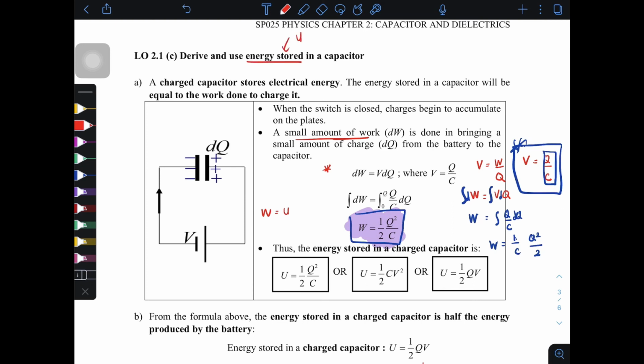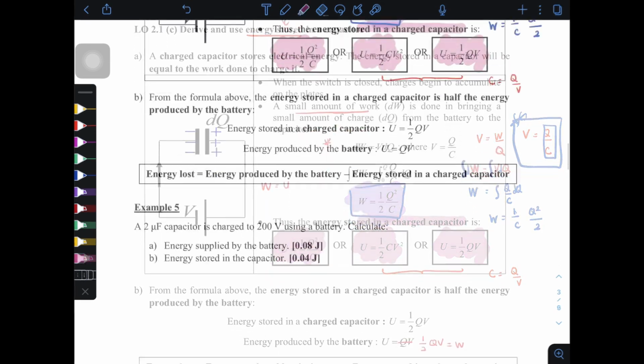Simbolnya ialah U. So, U is equals to half Q square over C ataupun half CV square ataupun half QV. Yang dua ini, kita boleh derive from equation C is equals to Q over V. Kita susunkan sahaja. Okay. So, this is the formula for energy stored in the charged capacitor.